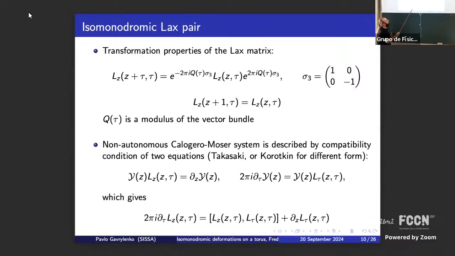So there is this transformation property, which tells us that this Lax matrix acts not in a trivial vector bundle as it was in the spherical problems, but on some vector bundle on a torus. And this q, which is the coordinate of the particle, is a modulus of this.